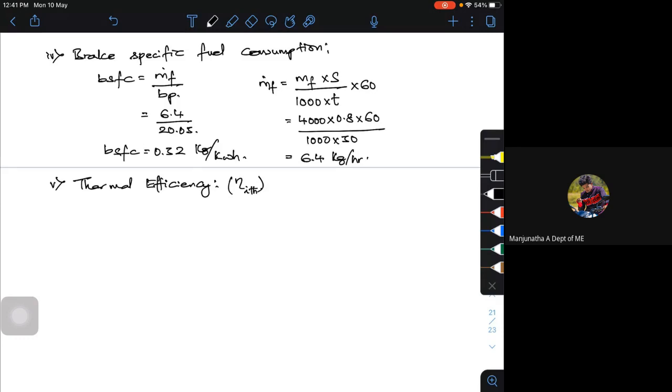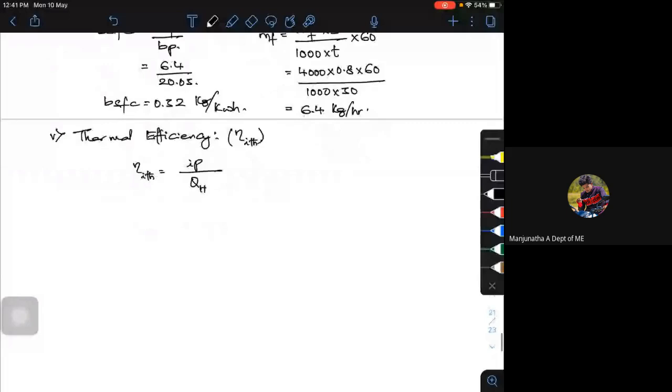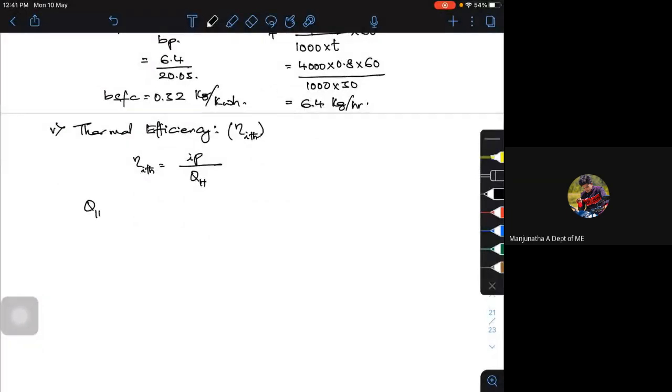So the indicated thermal efficiency is equal to IP divided by heat supplied. What is your heat supplied? Heat supplied is nothing but mass of fuel multiplied by calorific value. What is mass of fuel here?